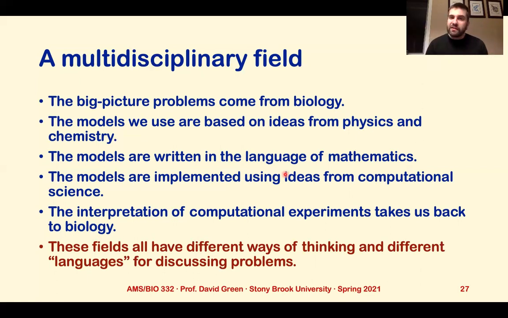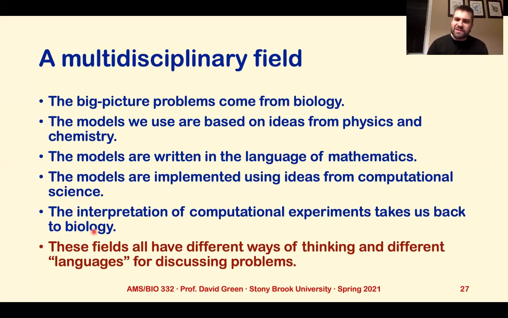So already here we have biology, physics, chemistry, math, computational science, and then interpretation of the computational experiments brings us back into needing the biology to understand what's going on. So we have maybe half a dozen different fields here that are contributing to the general framework of the problems we're going to be working with.